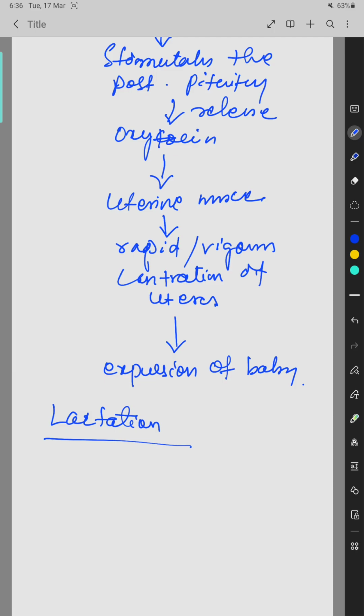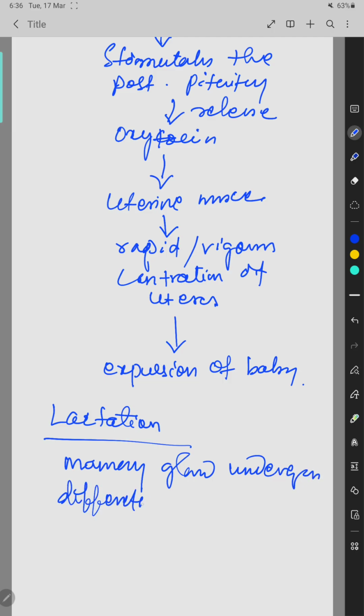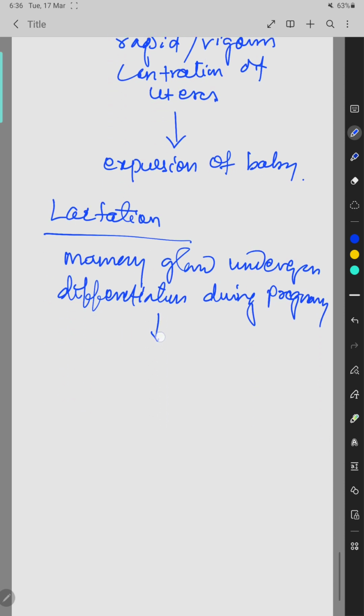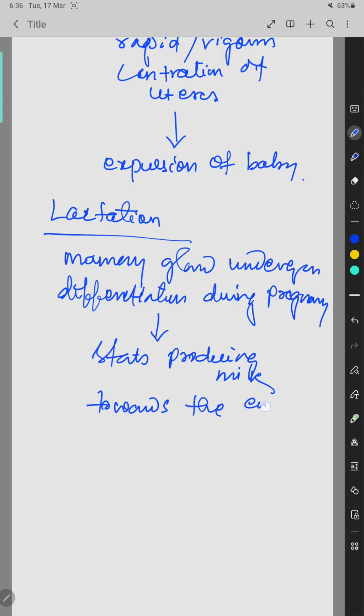The mammary gland of female undergoes differentiation during pregnancy, and it starts producing milk towards the end of pregnancy, and this is called lactation.